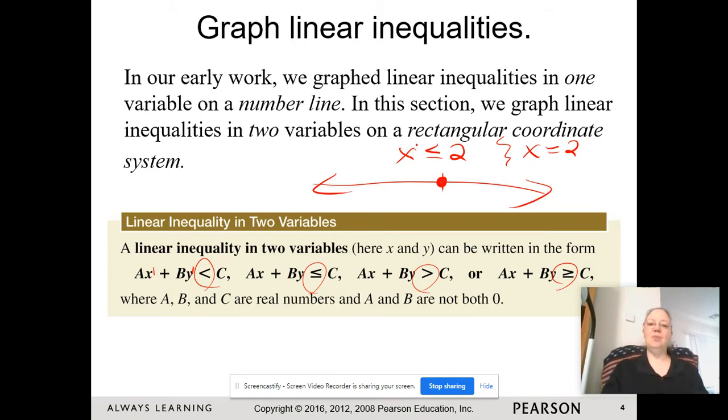But to indicate that we have less than or equal to 2, we have to shade the number line. So all of this shading indicates every number that is a solution to this inequality. As a matter of fact, we would put a bracket. So the shading indicates that we have an inequality.